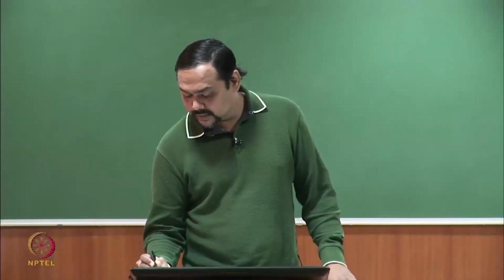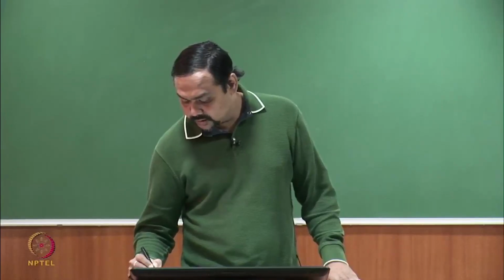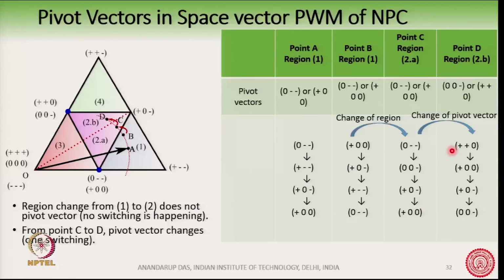For example, here we have changed the pivot vector. So, from this position to this position we are, from this multiplicity to this one, we have one extra switching happening because we are now shifting our pivot vector. So, as we move from point A to point B to point C in different regions, so we have defined this as region 1, A and B are in region 1, and B and C and D are in region 2A and 2B.